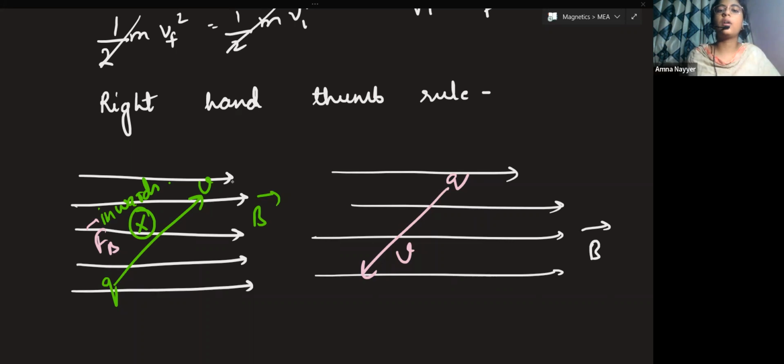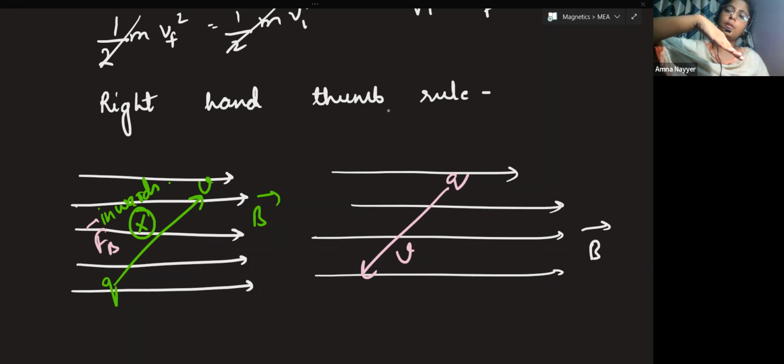See, to all those who are not able to understand it. If I keep my hand again like this, then my fingers, or the edges, basically the nails, are pointing upwards. But is the velocity right now in this way? Velocity is like this right now. This is the direction of velocity.